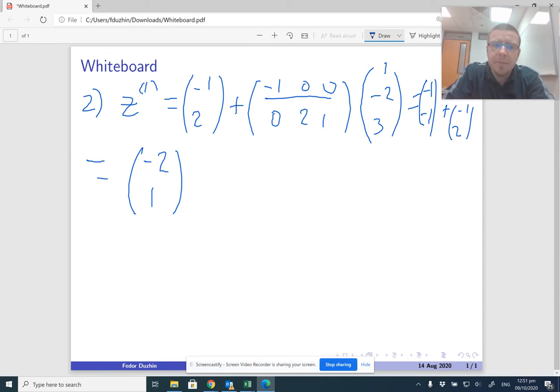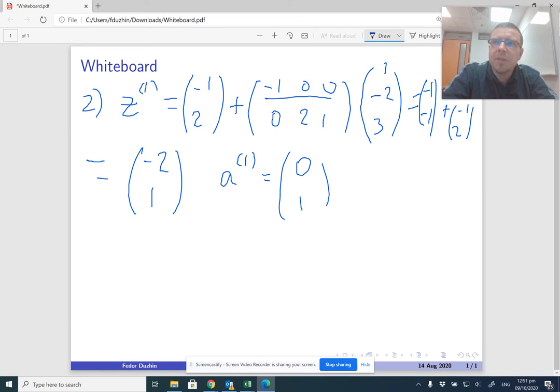Now, this is the output of the linear transformation. Now we need to apply the activation function. So A1 is going to be a ReLU function applied to this, which means that we change negative numbers to zeros. So -2 is changed to 0. This is the output of the hidden layer.